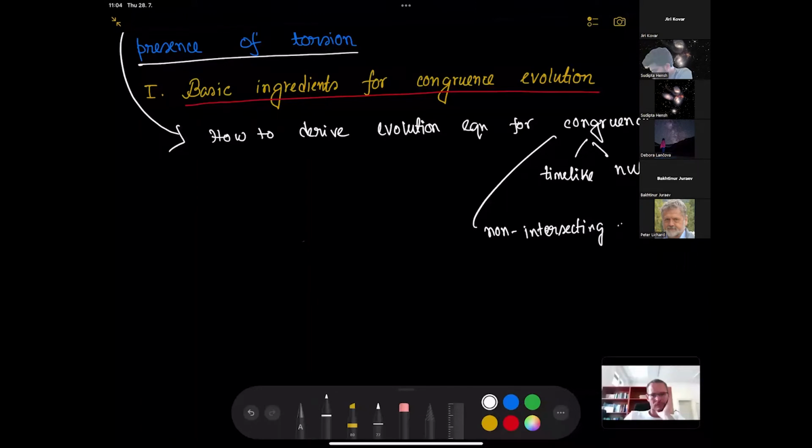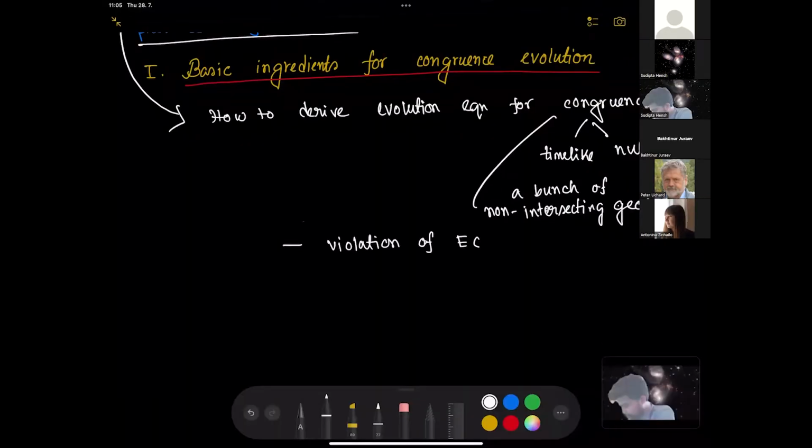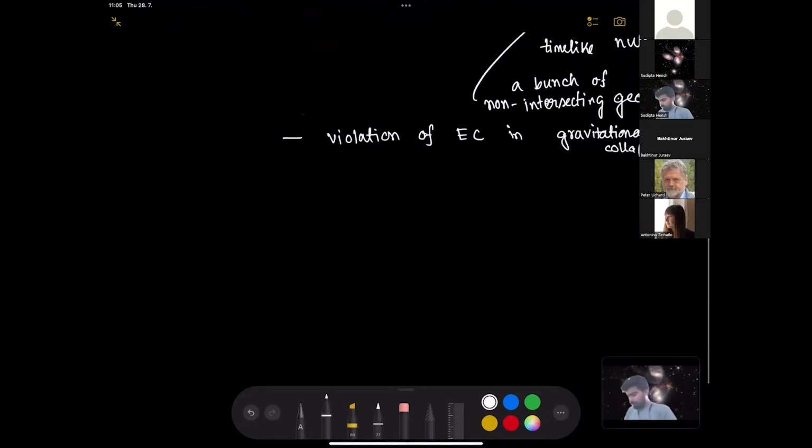And slowly we will develop the machinery we need, mainly the mathematical foundation, to calculate the congruence evolution. And also we will check if singularity avoidance is possible in a collapse.